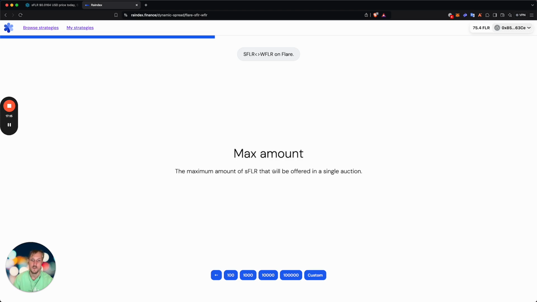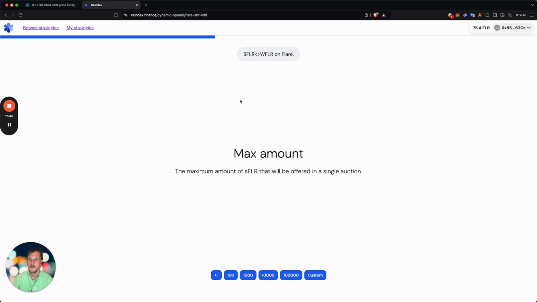So we don't actually want to overcommit to that because we have to accept that the market could move. And in this case, we know the market's going to move because the S-Flare token is accruing rewards. So at some point, the market is definitely going to move. So we don't want to overcommit to a very tight spread. So that's why the strategy offers more tokens at the wider spread. This is the maximum amount it can possibly offer. So in the very first second of the auction, this is the amount of tokens that are going to be offered.